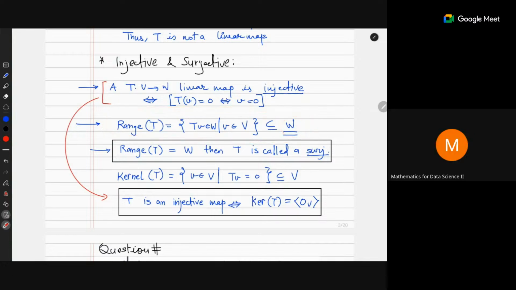Now because range is a subset of W, it can be any type of subset. So if it is equal to W itself, because W is a subset of itself, you agree to this fact, right? So range can be equal to W. If that is the case, if our domain covers all the possible points in W, then it is surjective.